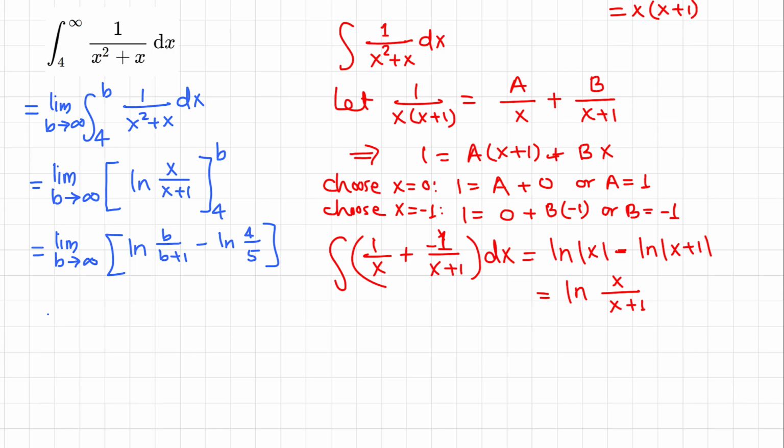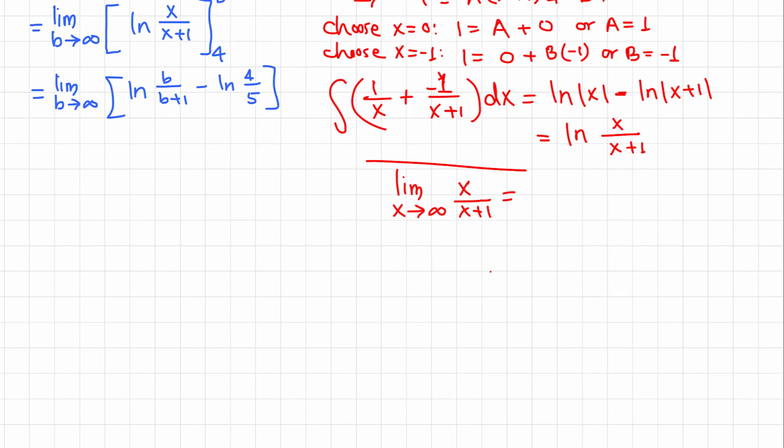Let me recall something. What is the limit as x goes to infinity of x over x plus 1? If we directly plug in, that's going to be infinity over infinity, but then we can divide the top and bottom by x.